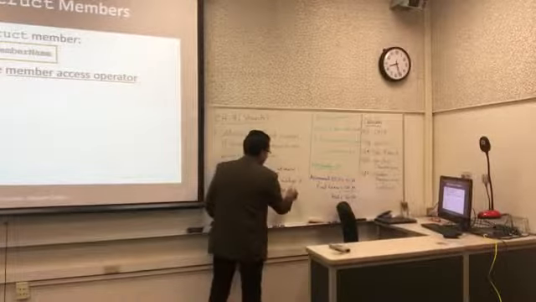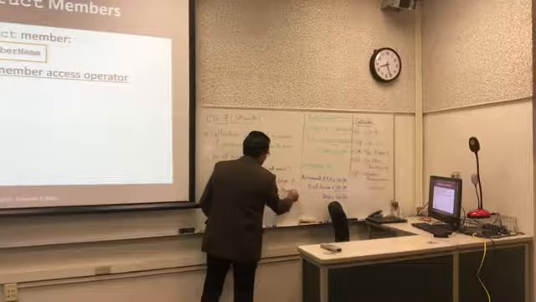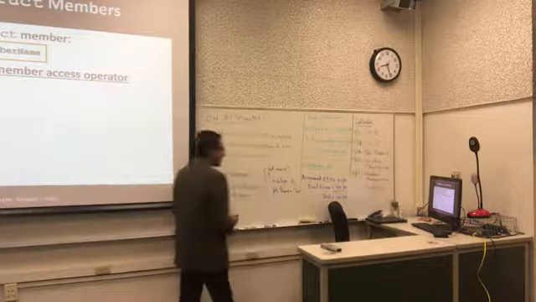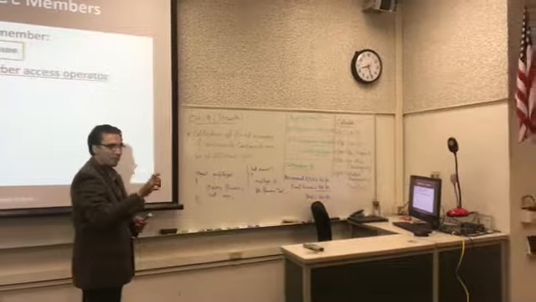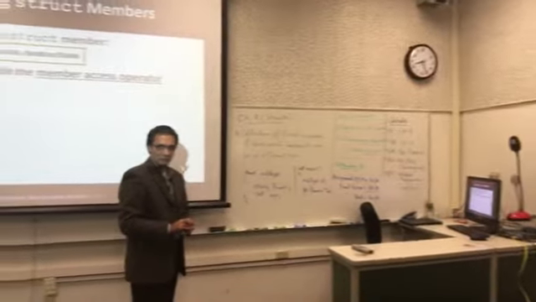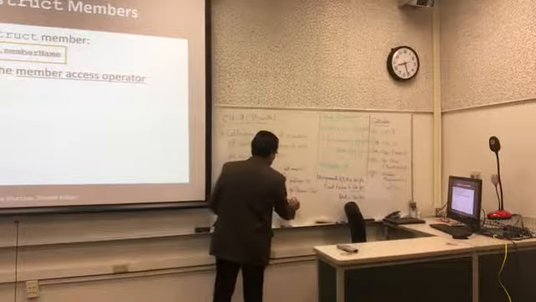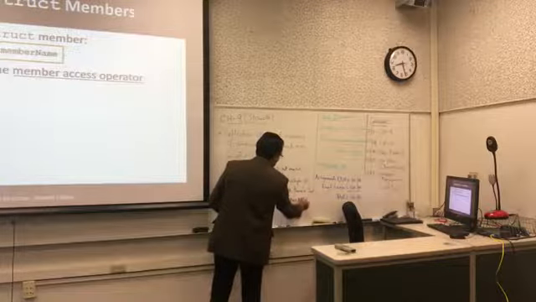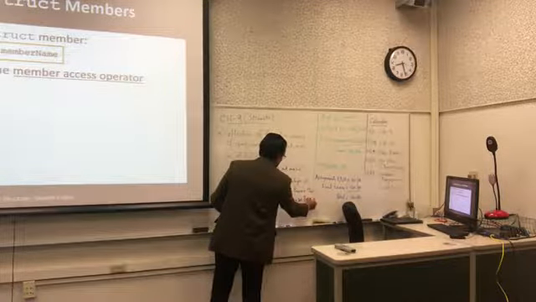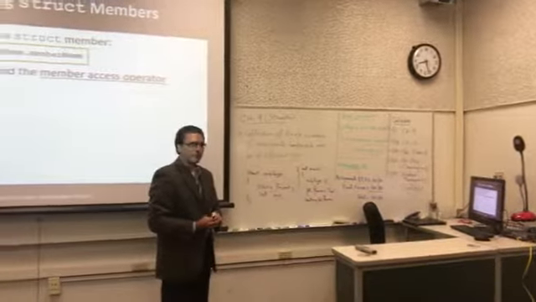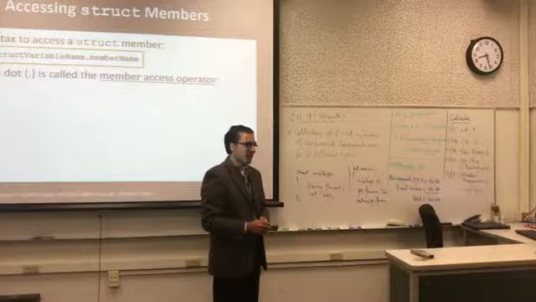So I can say fname, and I can populate that value. I can say Joe. So Joe will be populated there in the memory for that first name attribute. If I would like to display it, I can simply say cout part-time dot fname. So it will be displayed for us as well. And that's how you can access them.